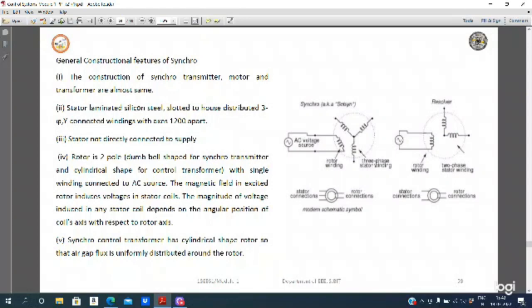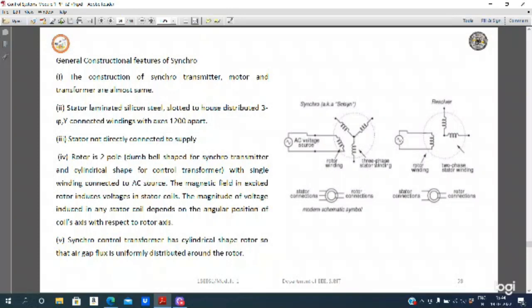The stator is laminated with silicon steel, slotted to house a distributed three-phase star connected winding with axes 120 degrees apart. The stator is not directly connected to the supply. Then the rotor has two poles with a single winding connected to an AC source.